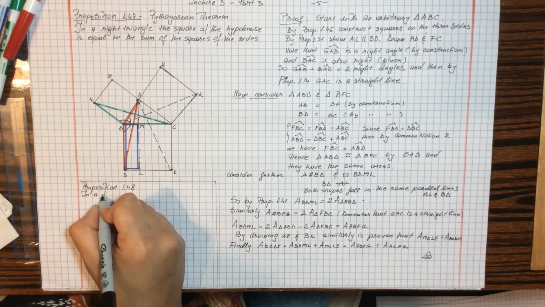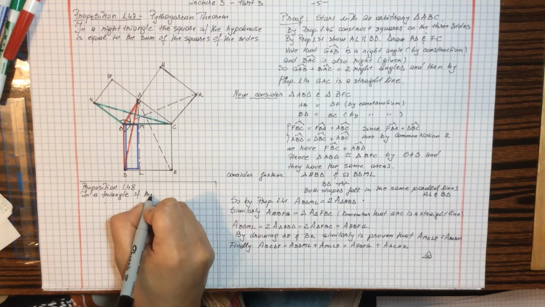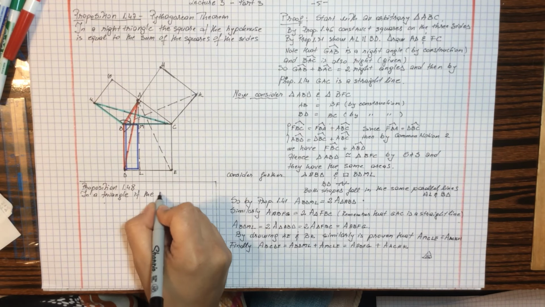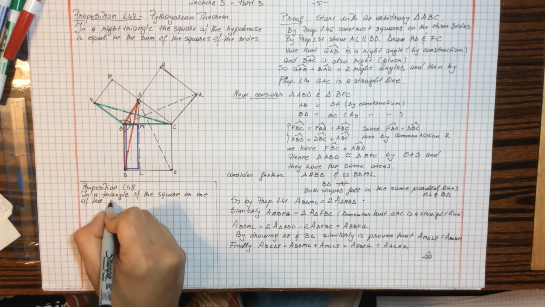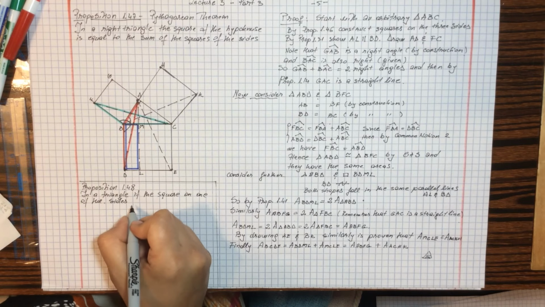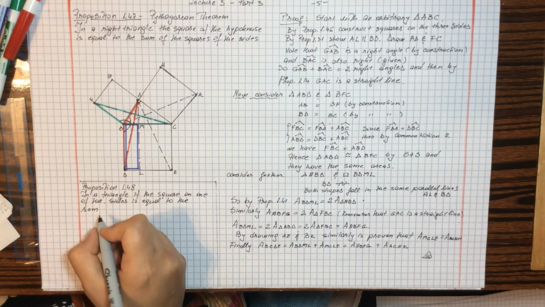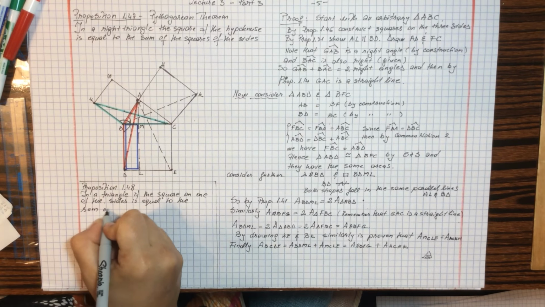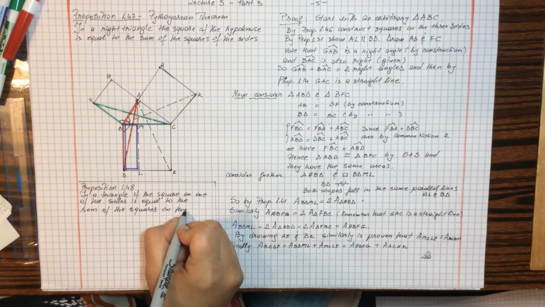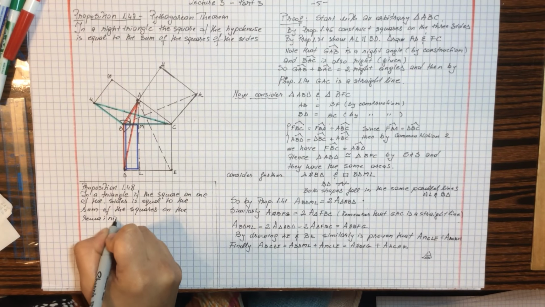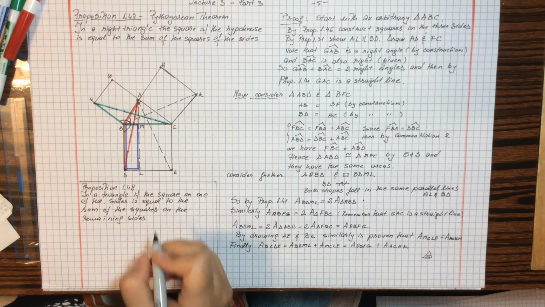In a triangle, if the square on one of the sides is equal to the sum of the squares on the remaining sides, then the angle contained by the remaining sides is right.